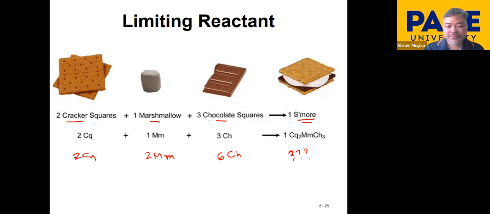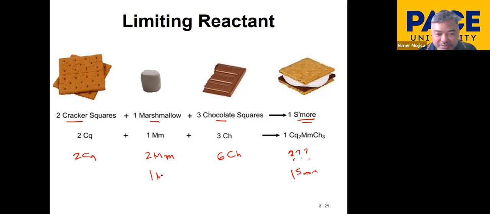If you have these ingredients, how many s'mores are you going to form? You're only going to form 1. These are all used up.